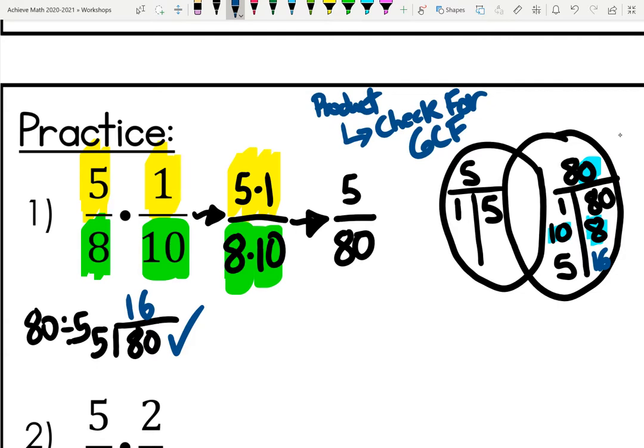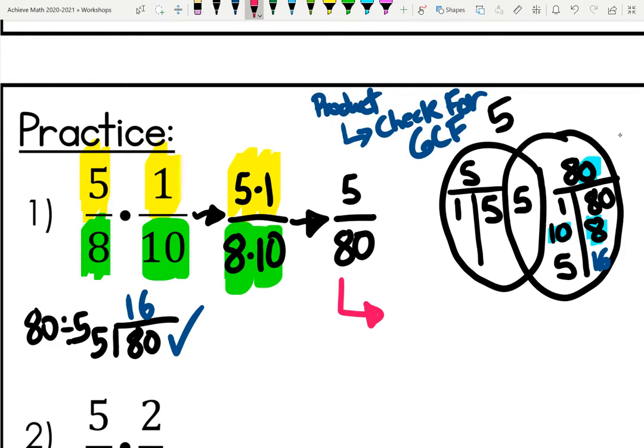Notice I could also do the inverse where I double one side and then take half to go back. So, moral of the story though, the GCF is 5, and you might not need to find the GCF with a Venn diagram. If you know it, more power to you. But if you write out your Venn diagram, this is going to enable you to simplify it without a calculator.